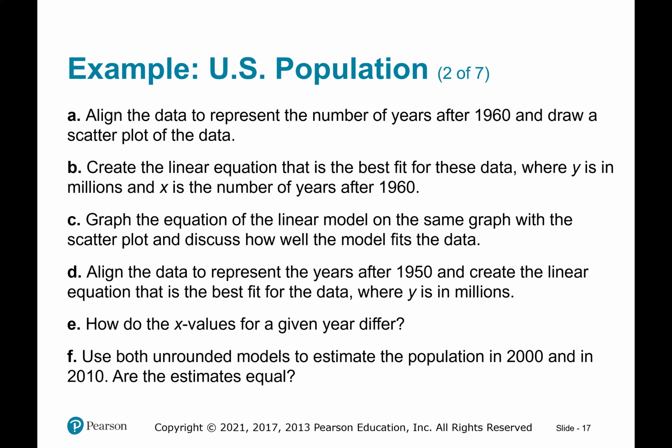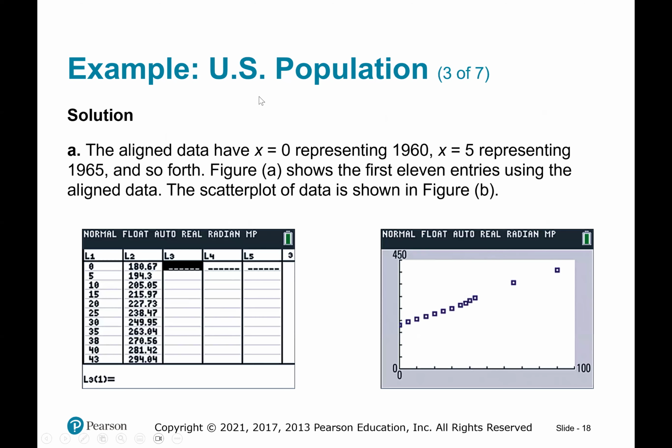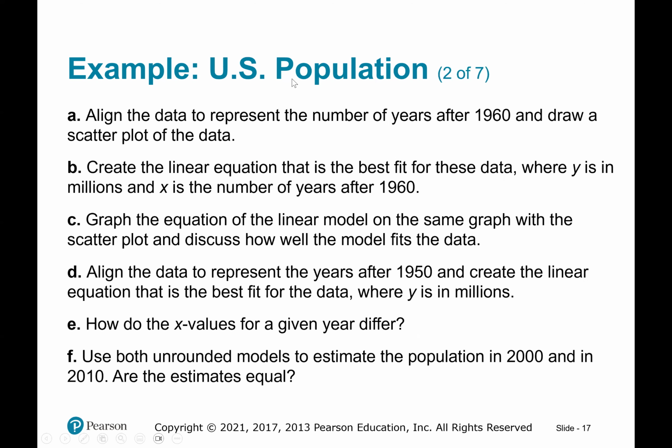Okay, so use both unrounded models to estimate the population in 2000 and 2010, and they should be equivalent. No matter how you align the data, the output for a given input should be the same. Okay, so let's go over to our calculators. So we're finding for 2000 and 2010.